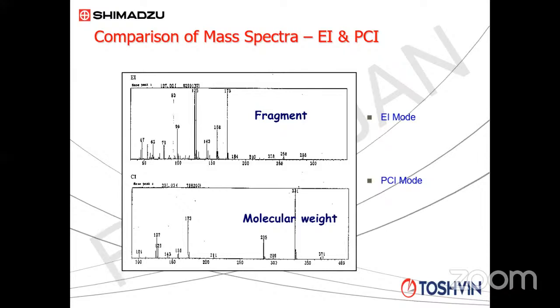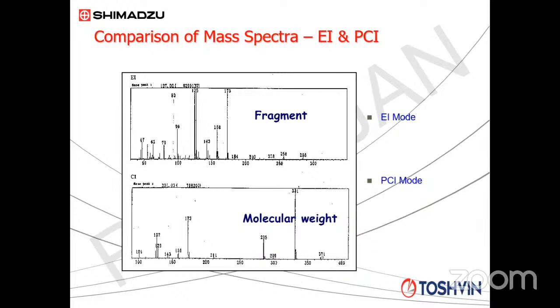So normally when you go for a library search, the software has a certain algorithm. It will try to identify the base peak, the most intense peak; the most intense ion is considered the base peak. Based on that, the subsequent filtrations will take place, and finally the compound will be identified.